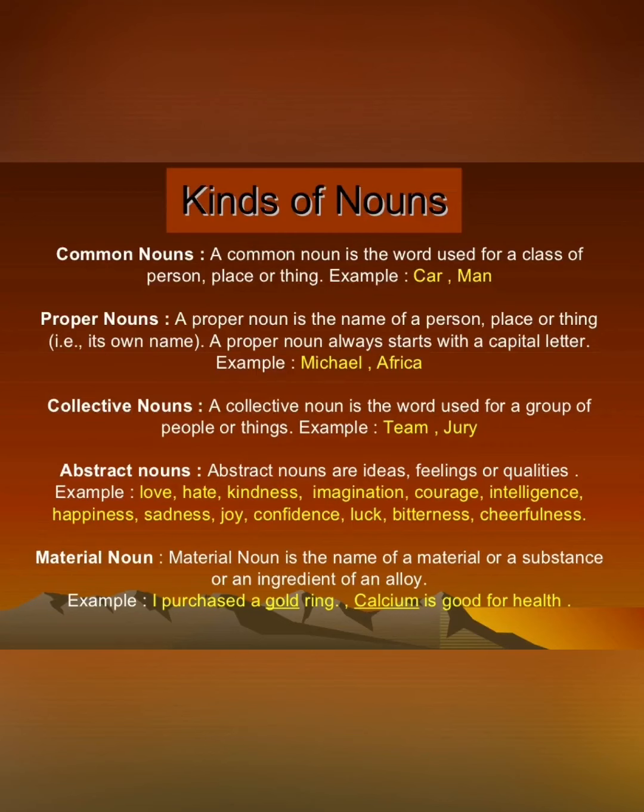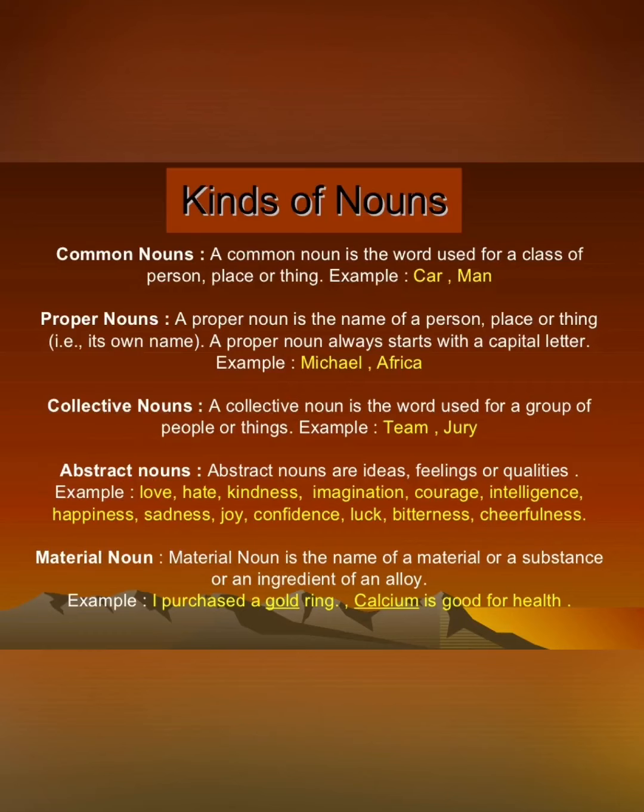Versus there is abstract noun. They have no physical existence. They refer to ideas, emotions, and concepts. You cannot see or touch or hear or smell or taste them. For example, love, time, fear, freedom.